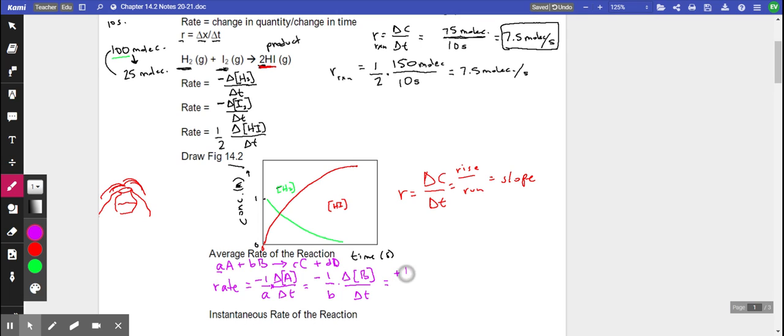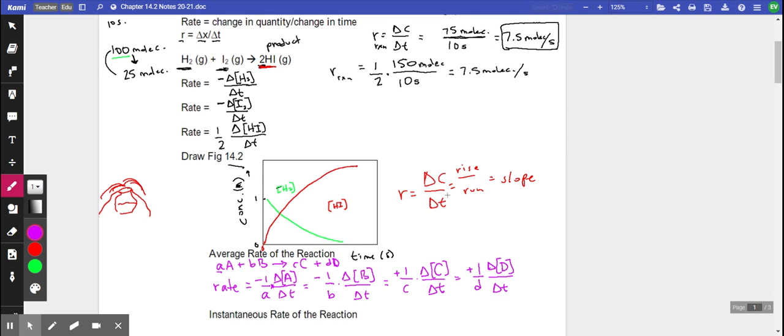Positive, you don't have to write the positive, but I'm going to just to make it stand out. 1 over lowercase c times the change in concentration of capital C over change in time. And I could also, if I have a second product, put 1 over d times delta D over delta T.